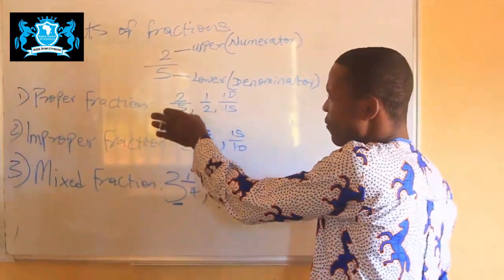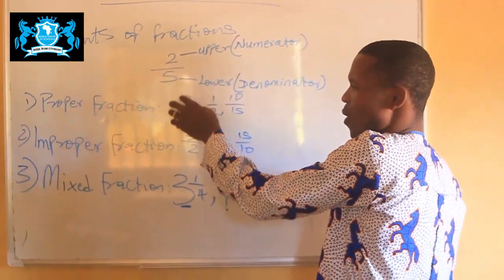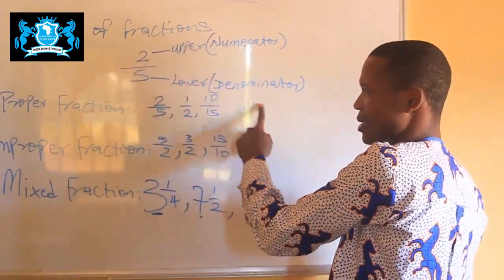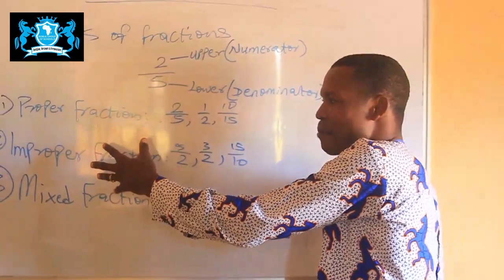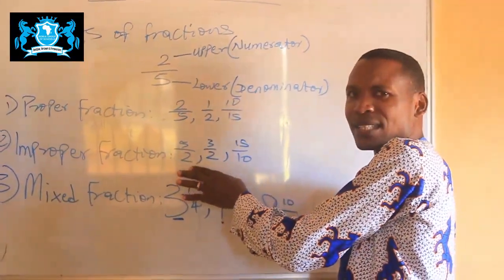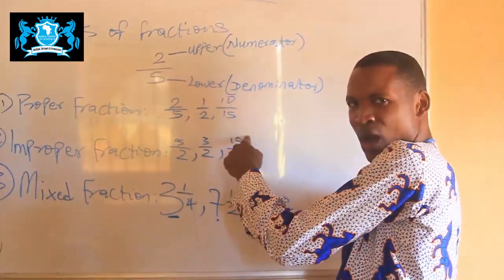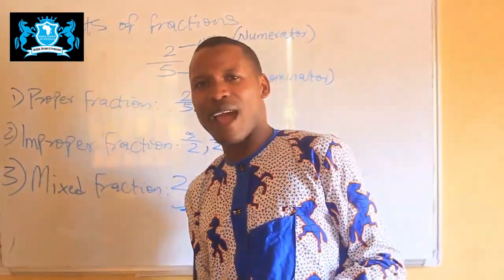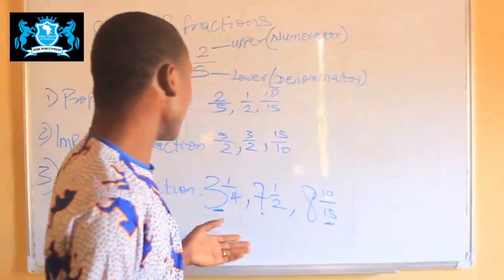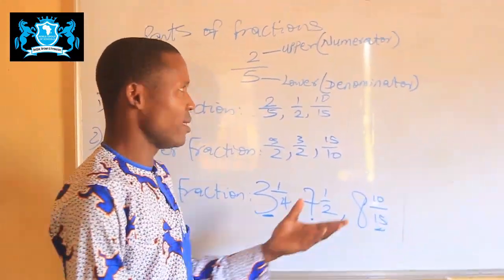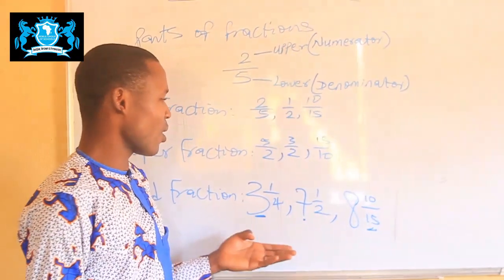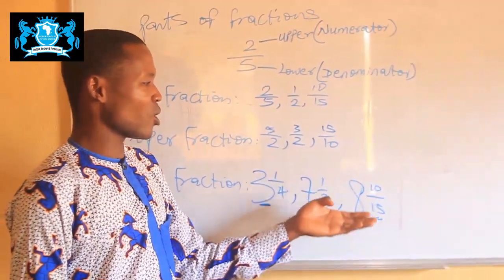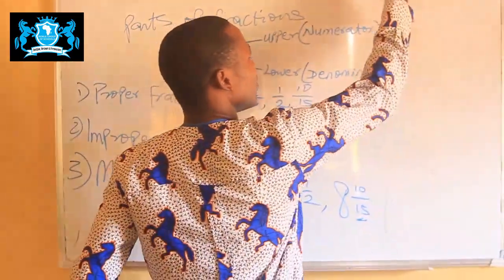That is 2 over 5. You can see that the big numbers are down while the numerators are smaller. But in an improper fraction, the smaller numbers are down while the big numbers are up. It's improper. Then the mixed fractions are those fractions that have whole numbers with them. So we have 3 whole number 1 over 4, 7 whole number 1 over 2, 8 whole number 10 over 15.